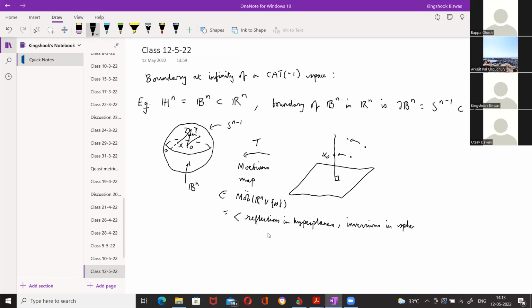This is a group acting on all of R^n, not on H^n. So remember, what is the inversion in a sphere?